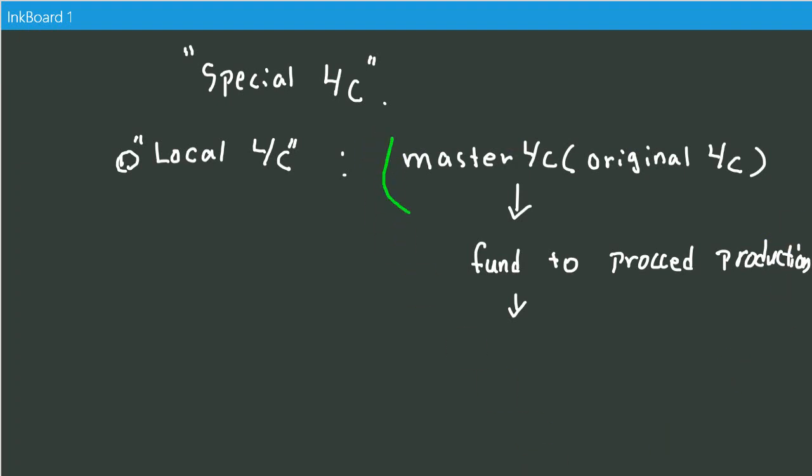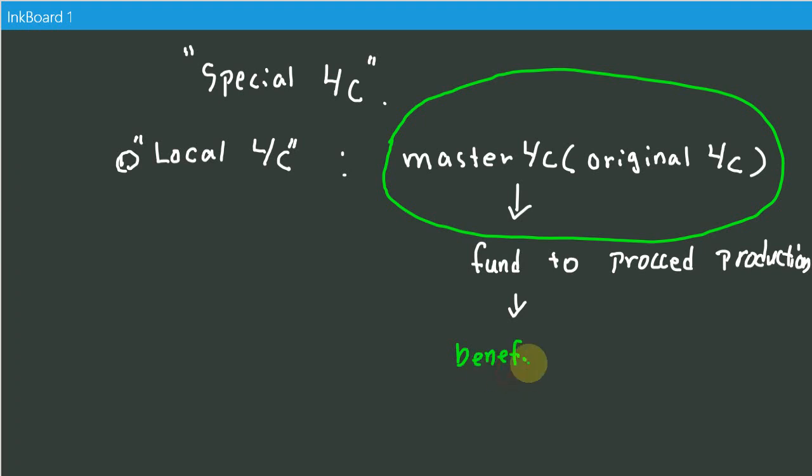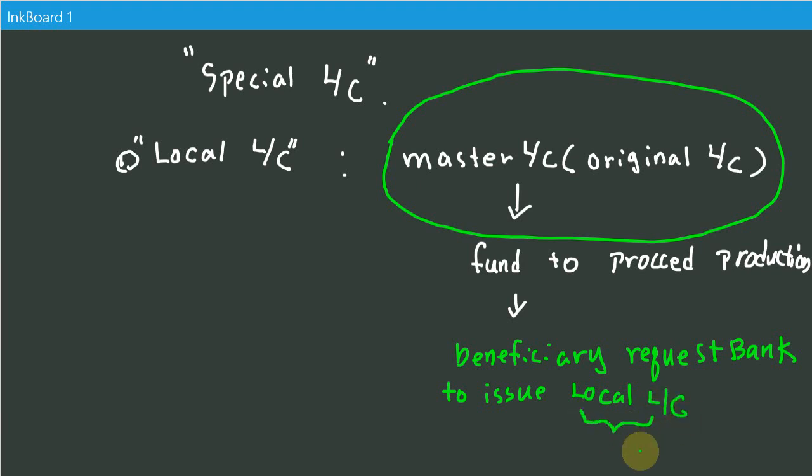In this case, on the basis of the master LC, the beneficiary requests the bank to issue a local LC to a local firm. Do you know what this means?